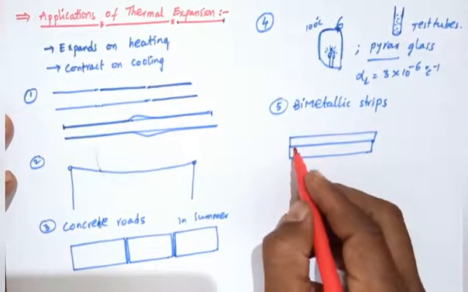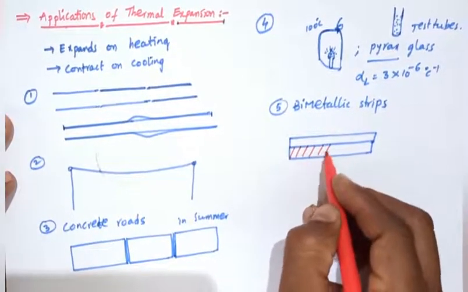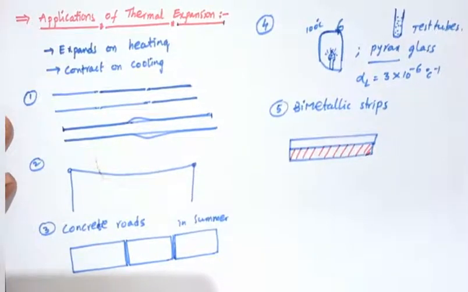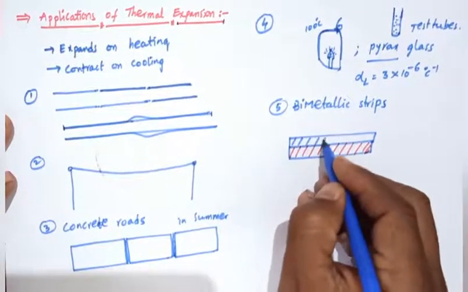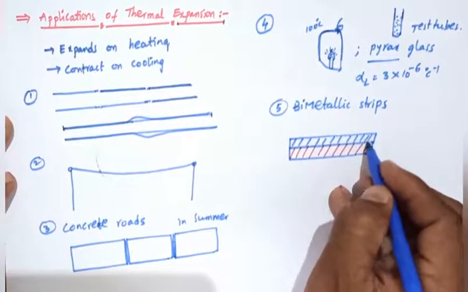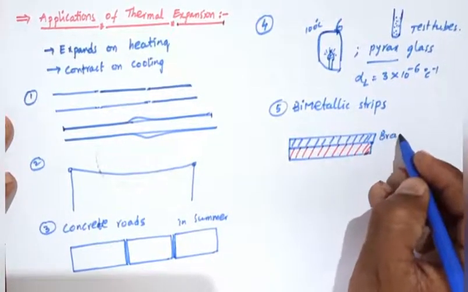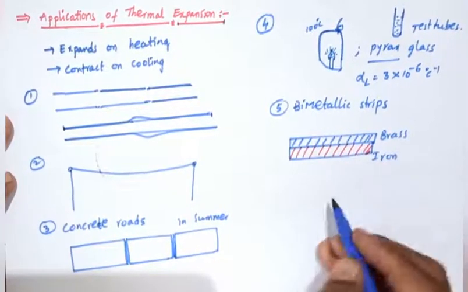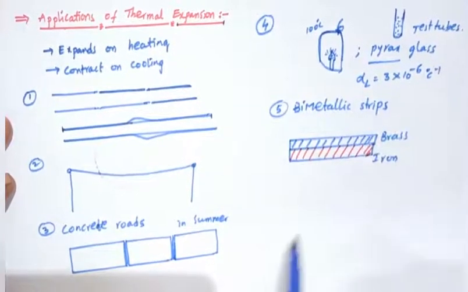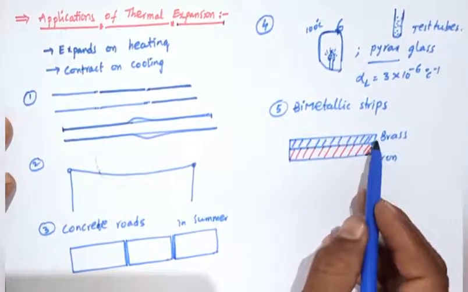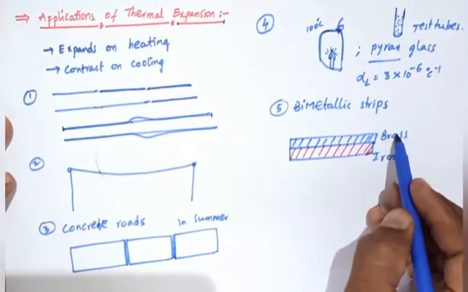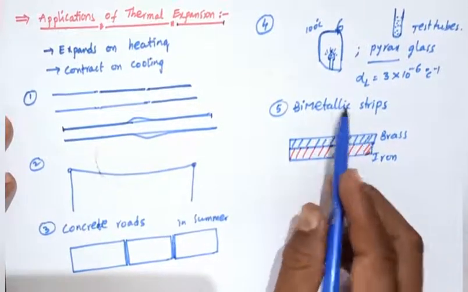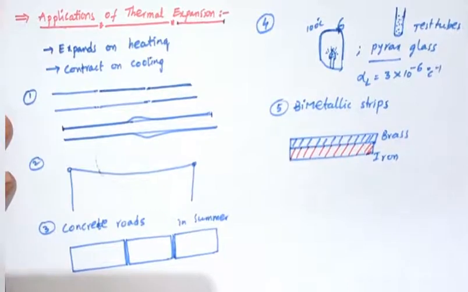Both have the same length and same width but different materials. For example, this is brass and this is iron. The two strips are connected one to one with equal length, width and area, so it is called a bimetallic strip.